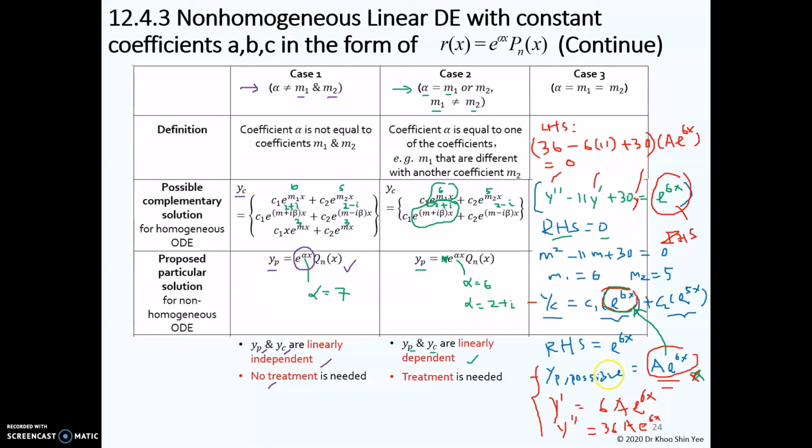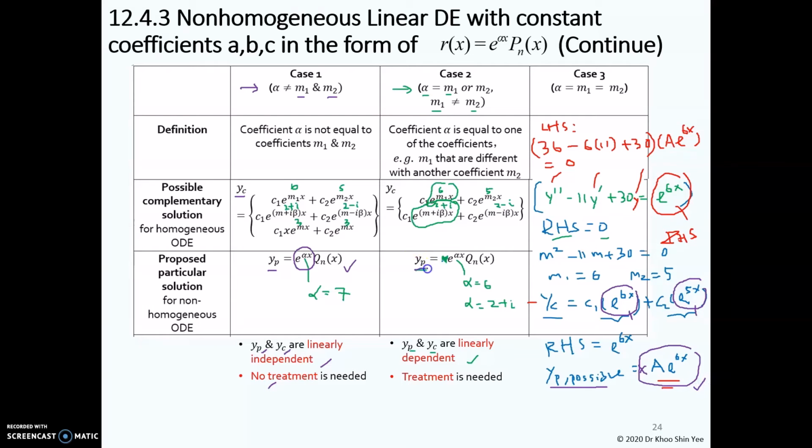So in this case, we need to perform the treatment to the particular solution. This can be done by multiplying the solution with the independent variable. After the treatment, your particular solution now consists of x exponential 6x, which is linearly independent to the y1 solution and y2 solution here. Therefore, we can continue with this particular solution.